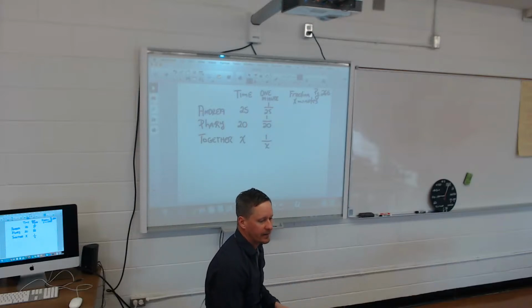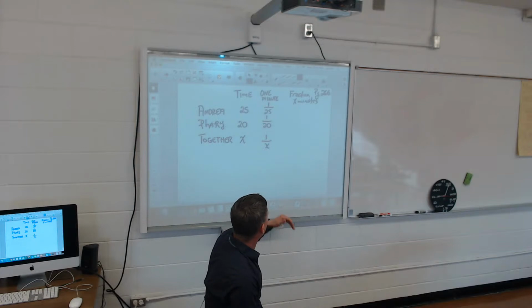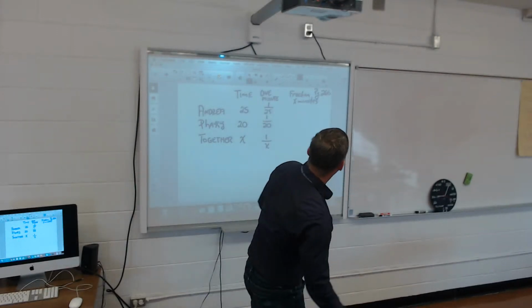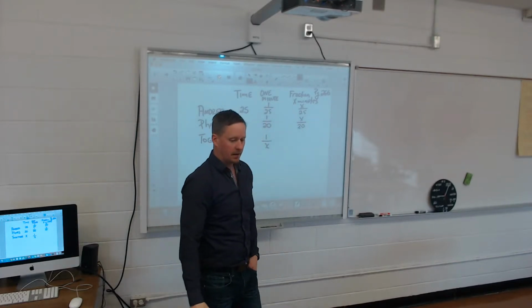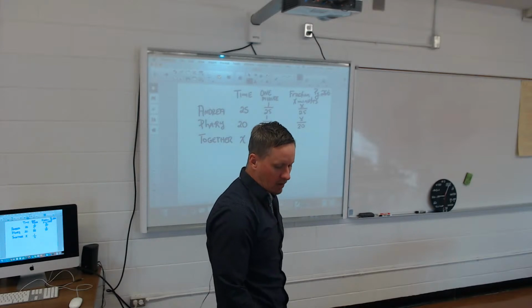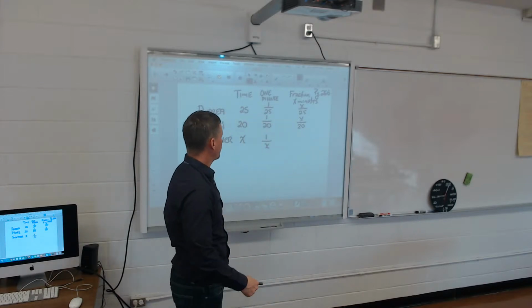Well, 12/25 of her bag. How much is Ferry going to eat? 12/20. What if it's 10 minutes? Well, he's going to eat 10/25 or 10/20. So it doesn't matter what I put in there. It's a portion of 25 and a portion of 20. So I'm going to go x over 25 here and x over 20 right here. So that is the fraction of popcorn eaten in x minutes.